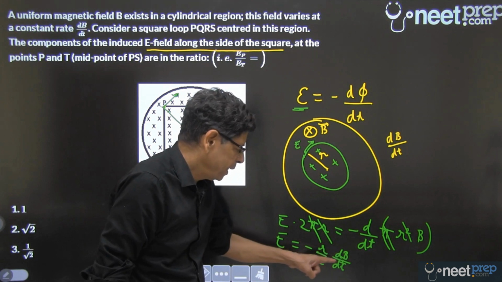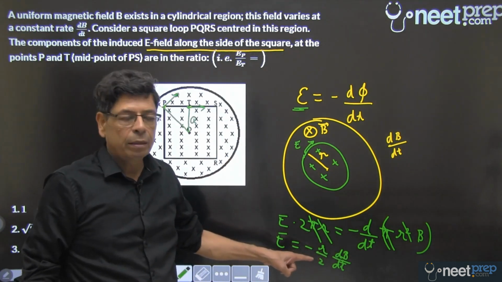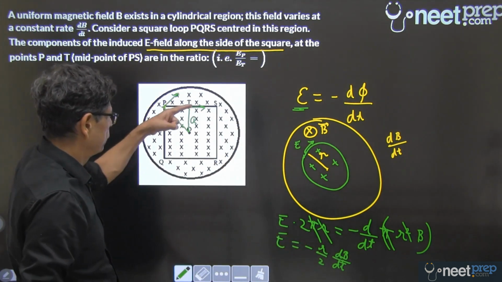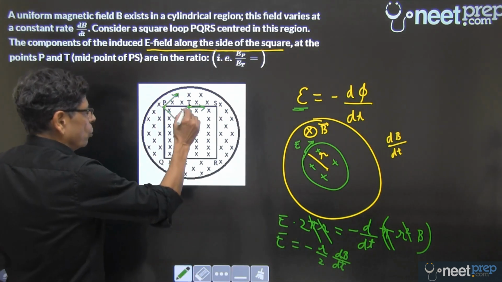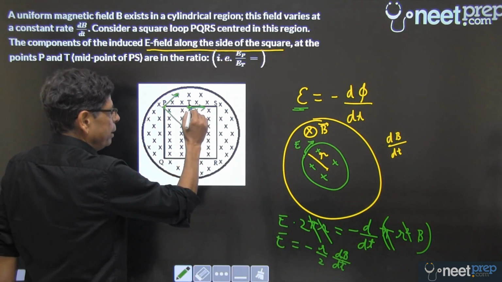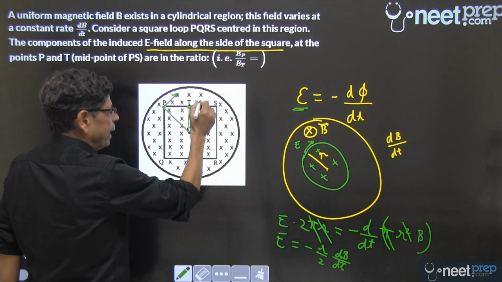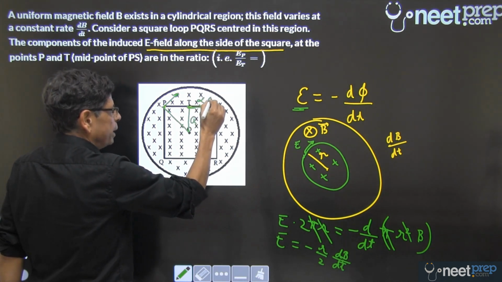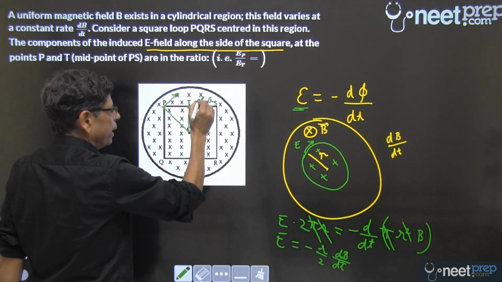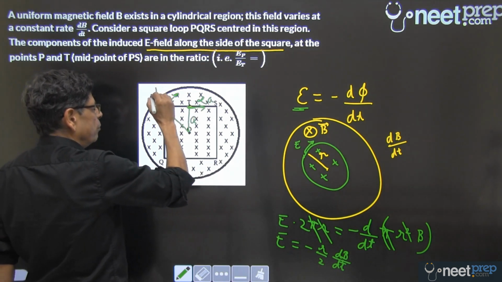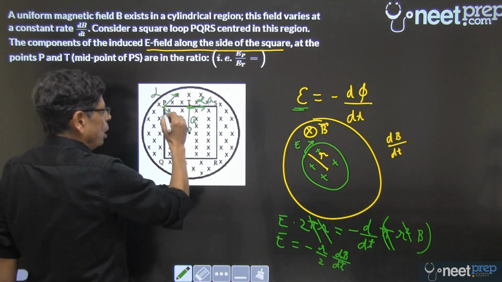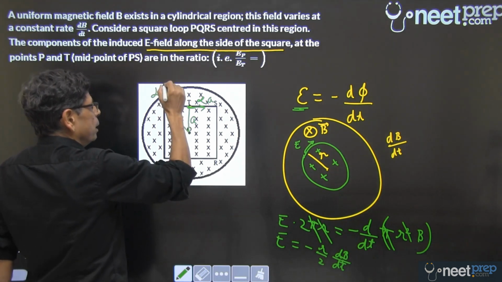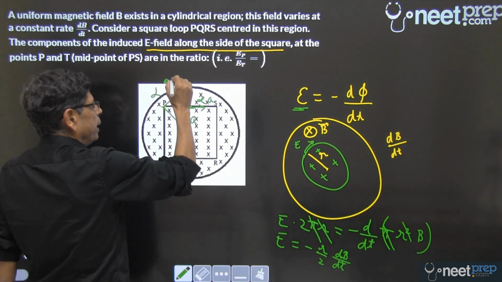So dB by dt and the 1 upon 2 part are the same for both of them. So this field would be proportional to A. Whereas this field will be proportional to, how much is this distance? A root 2.